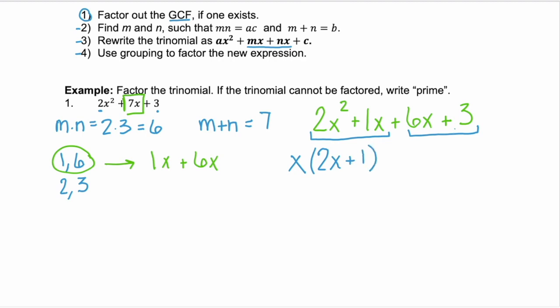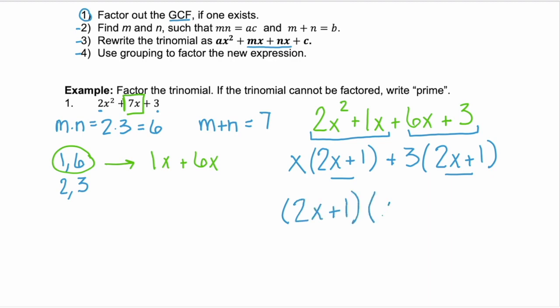The second grouping of terms has a GCF of 3. We factor out that GCF of 3, and we're left with that same binomial, 2x plus 1. Now with these 2 remaining terms, remember, we factor out that binomial they have in common. So 2x plus 1 gets factored out, and we're left with the binomial x plus 3.